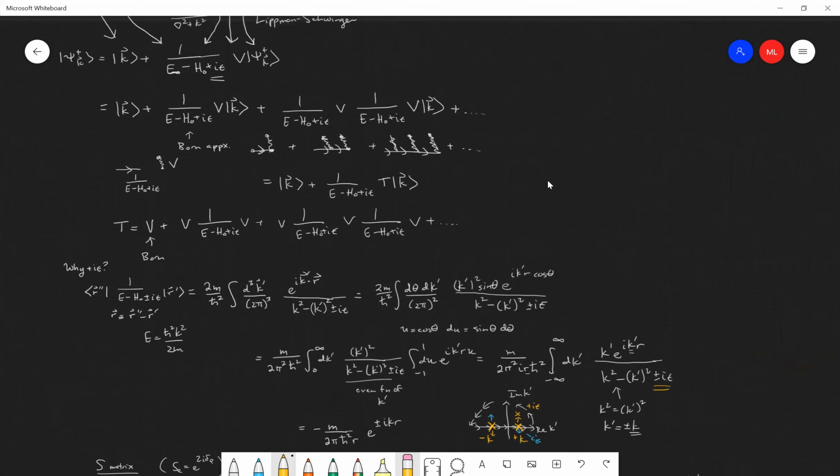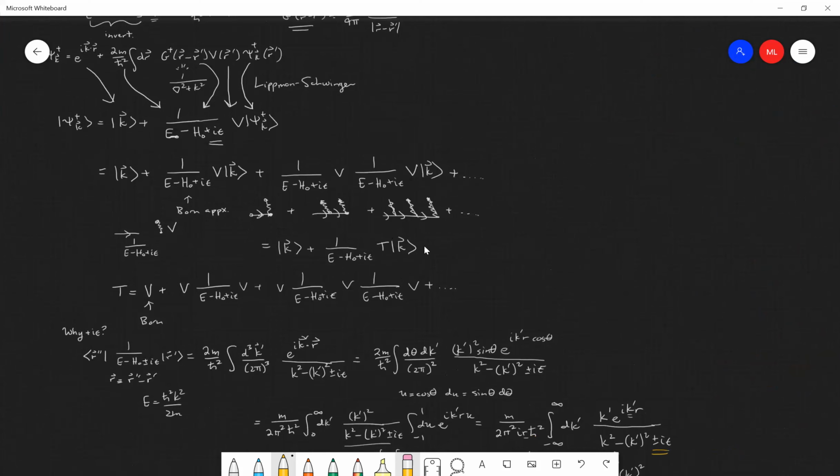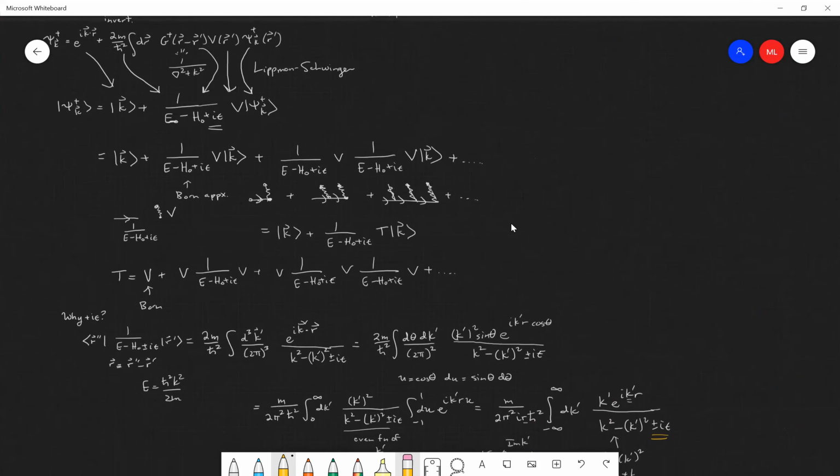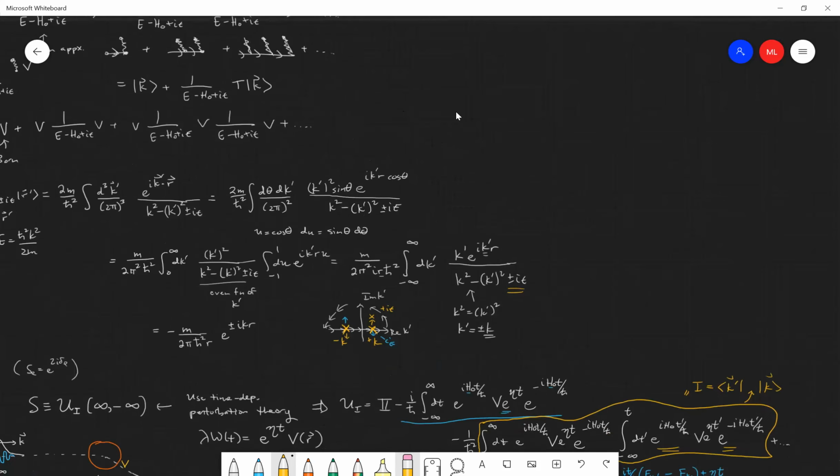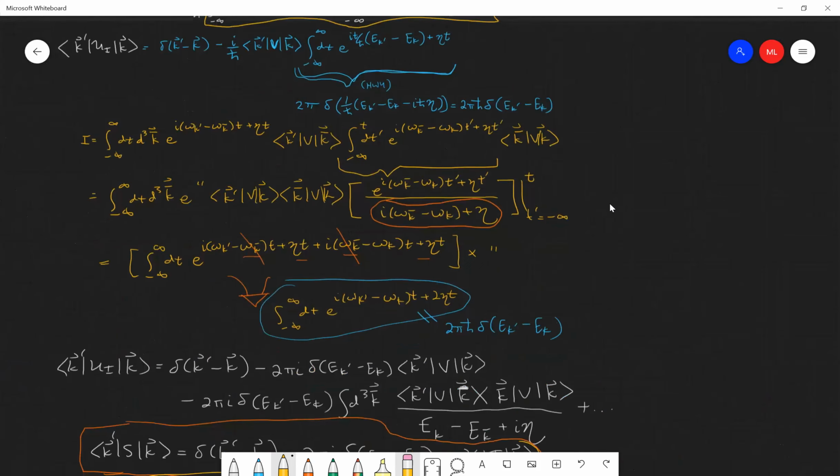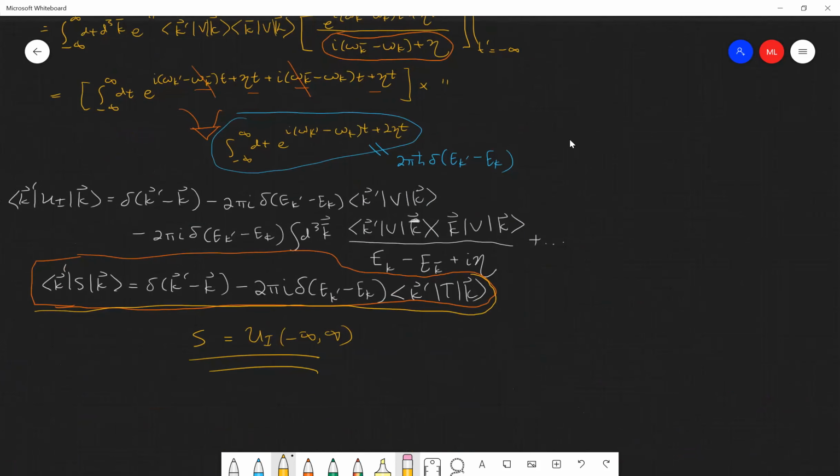We could say some more. Again, look, this T matrix is related to the solution for the scattering wave function. So there are more relations you can write down regarding the T matrix.